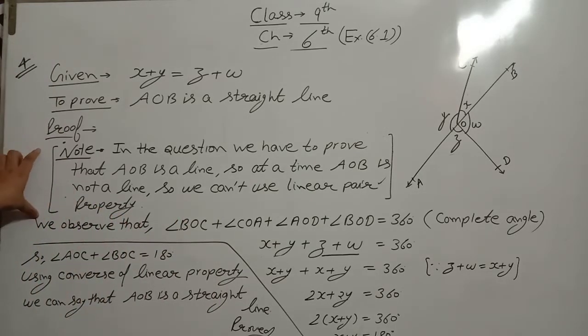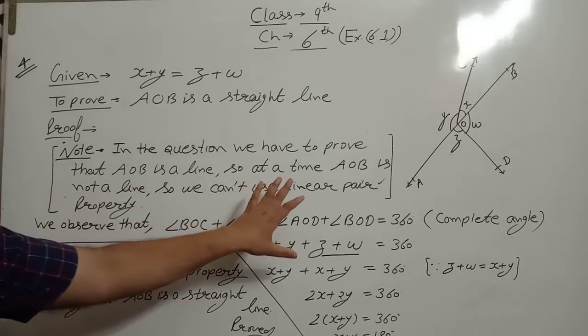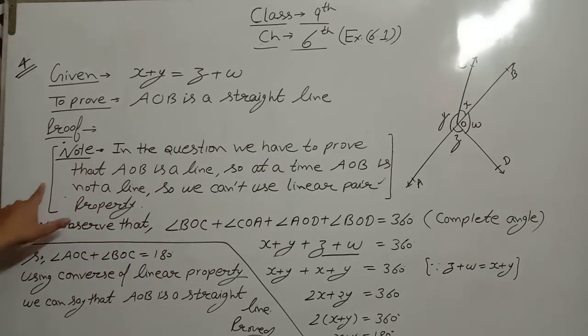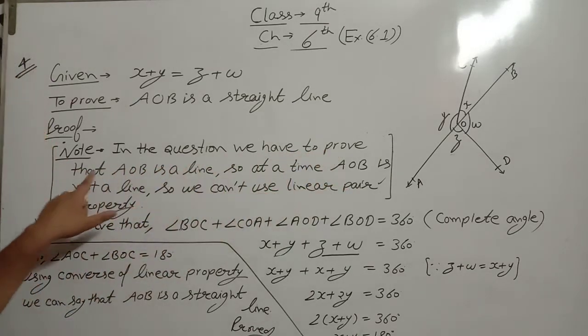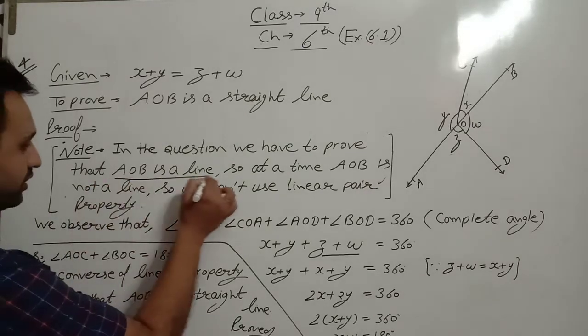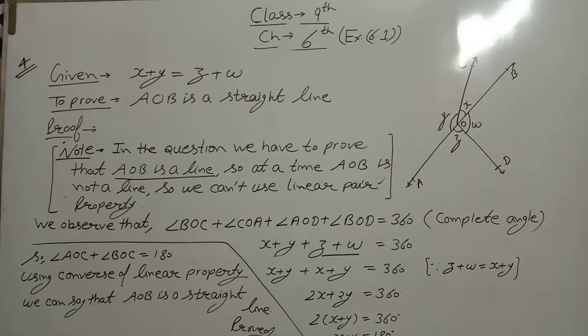A special note. Do not write this note in the exam copy, but remember it. In the question we have to prove that AOB is a line. So at this time AOB is not a line.